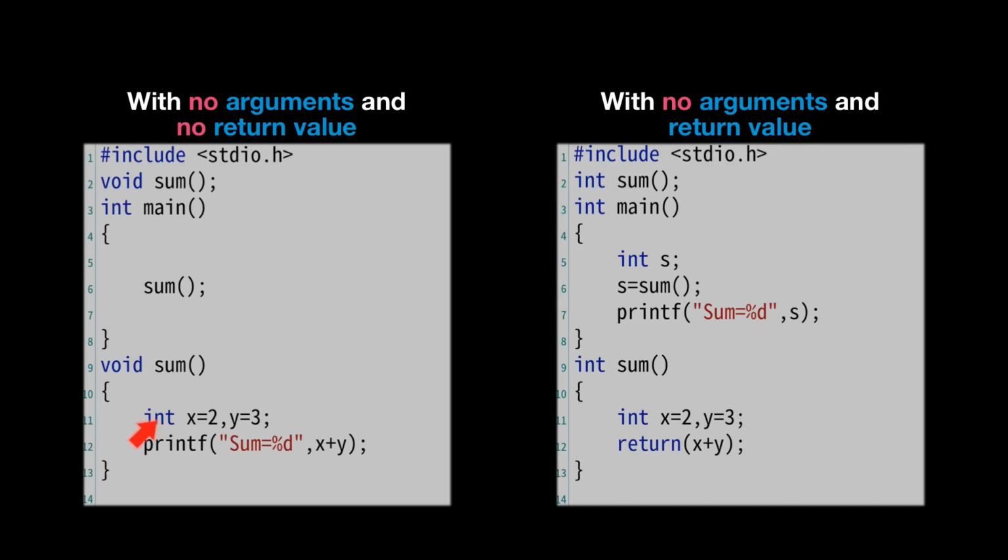Line 11 will be executed next, which is int x is equal to 2 and y is equal to 3. This will create variables x and y with values of 2 and 3 respectively. The next statement which executes is the printf statement, which will print sum is equal to 2 plus 3, 5.